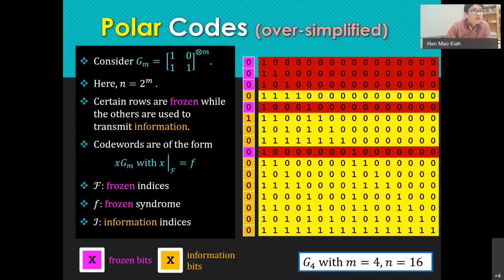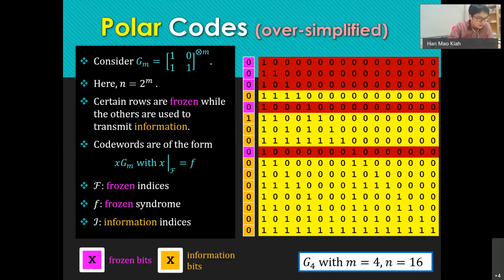You see that I colored certain cells: for the red rows, I color the cells pink, and for the yellow rows, I color them orange. For the pink cells, these values will always be fixed, and typically we fix them to be 0, as in this case. So we can so-called freeze the cells. And the orange cells can be anything, and these orange cells are basically used to transmit information.